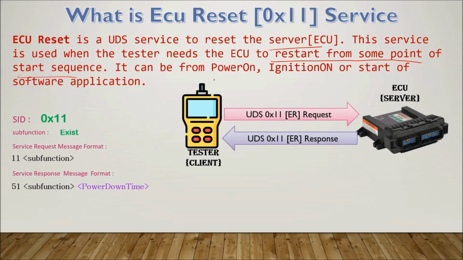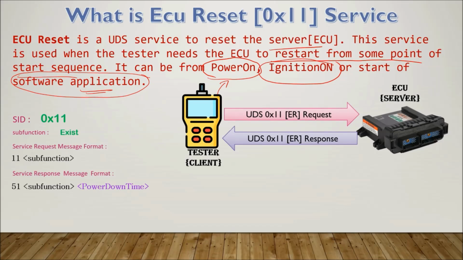It can be from power on, that is when the ECU is powered on, and then the different sequence of events that happen. So from that, the tester may want it to restart from the ignition on point, or from the starting of the software application. Here the term application is very important.